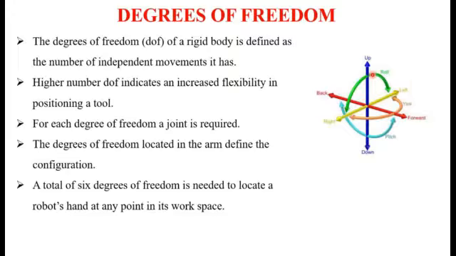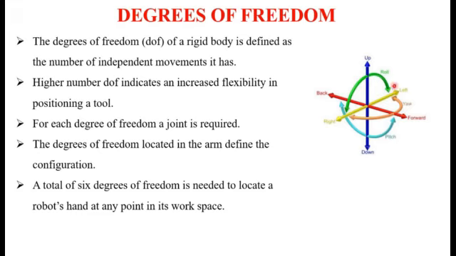For each degree of freedom a joint is required. So we can say up and down, left and right, forward and backward, and then rotational degrees of freedom will also be there. For each degree of freedom one separate joint is required, and the degrees of freedom located in the arm define the configuration.